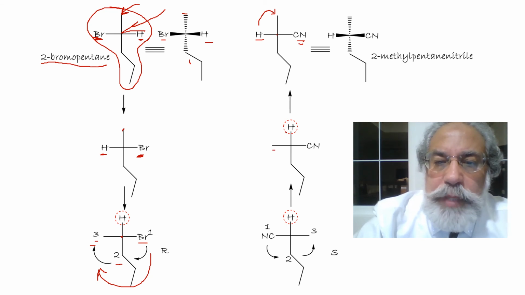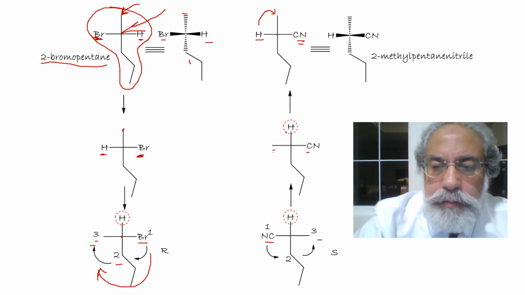This will be the enantiomer. Then I make the exchange of methyl with cyanide, so the cyanide this way and the methyl here. Now the hydrogen is in the right position. Now this is priority 1, 2, and 3, so we are going this way, counterclockwise. The configuration is S.